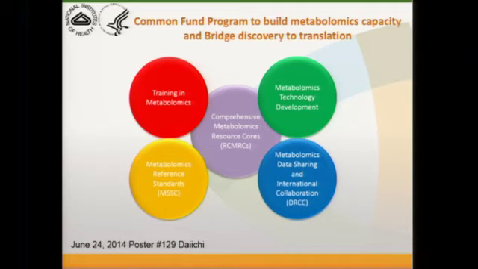And to coordinate all these efforts, we have a data sharing and coordination center, also to support the international collaboration that Reza was talking about earlier today, and also what Oliver was talking about, the ring trial and so on.